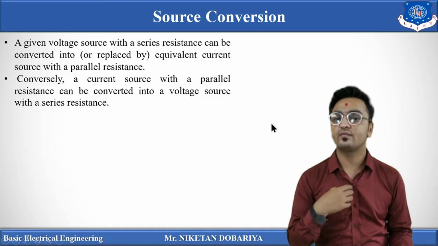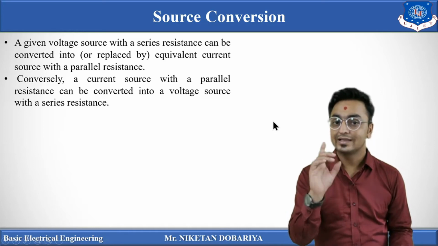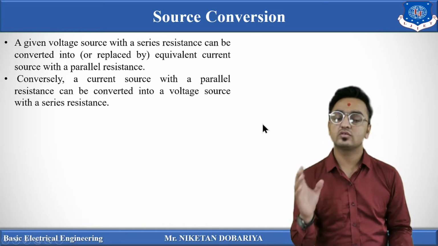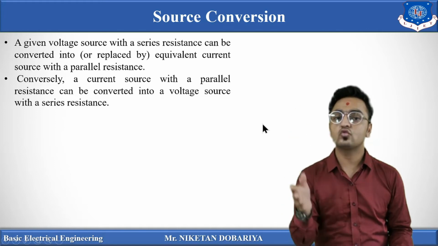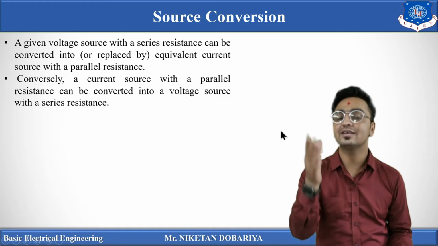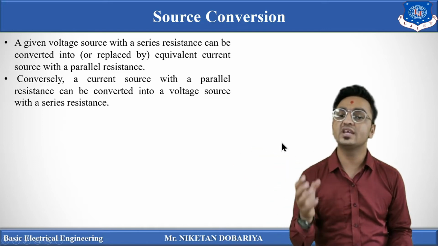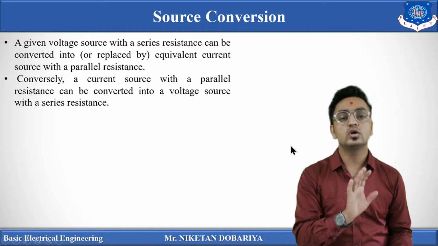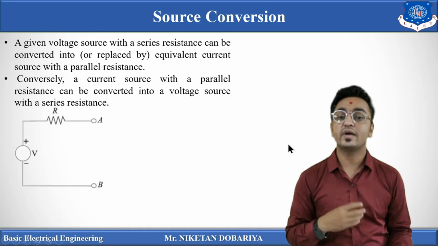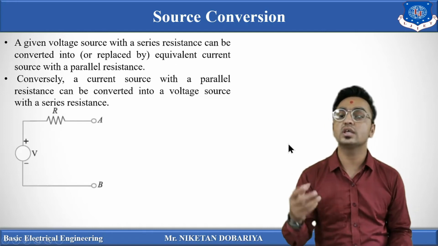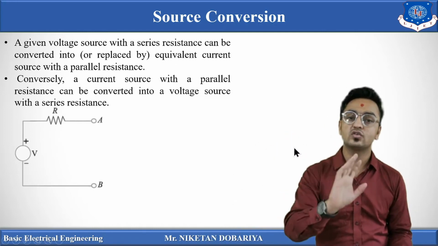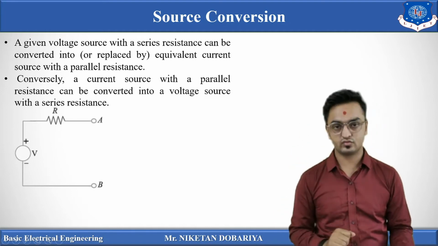And when we find the current source, the symbol is going to be a current source and a resistor in parallel connection. In the same way, if a current source is given, we will convert it into a voltage source. But let's find out how we can convert the voltage source into a current source or the current source into a voltage source.